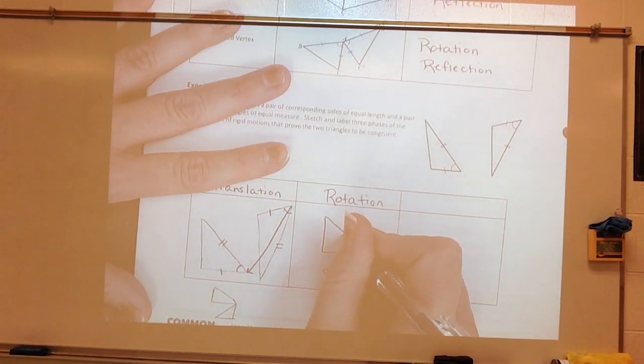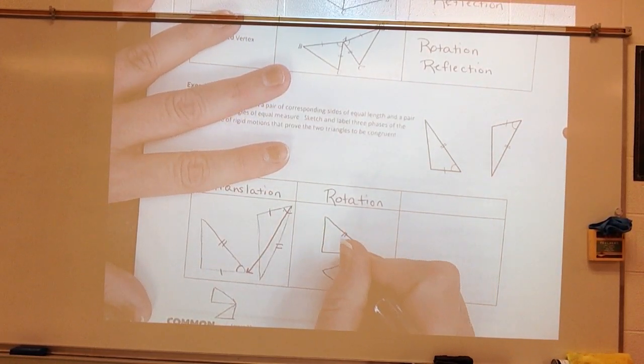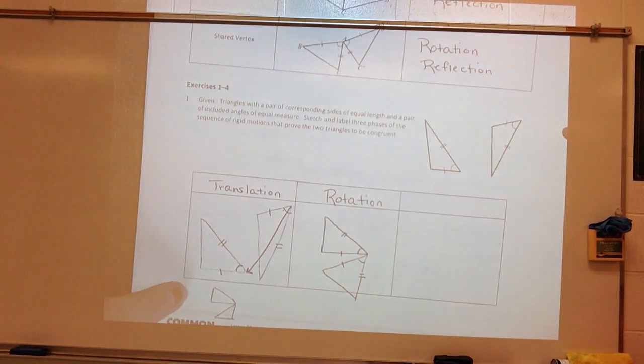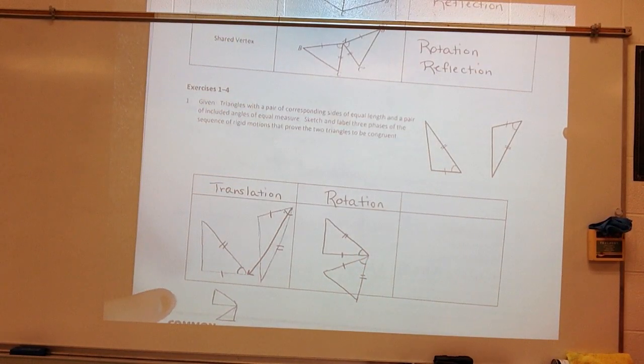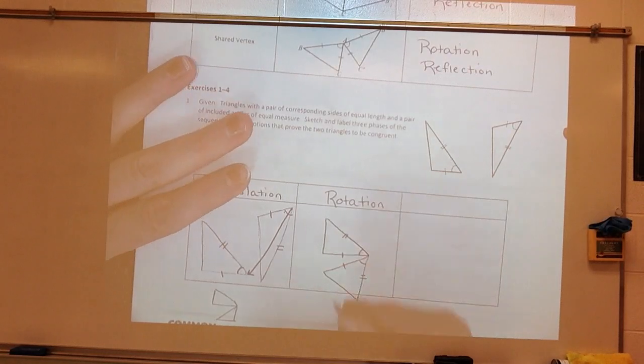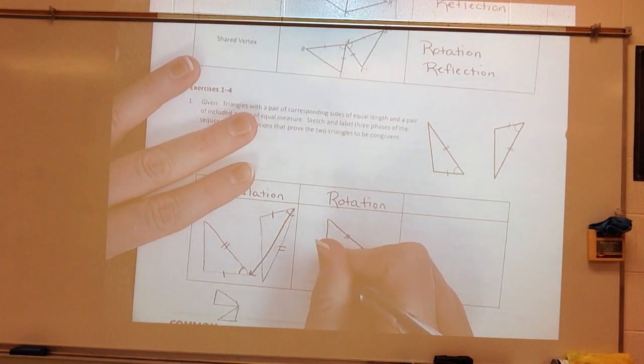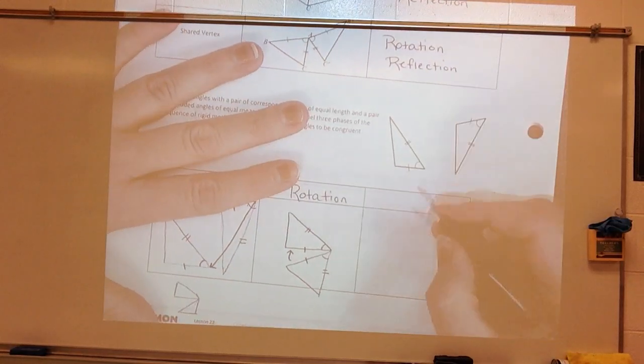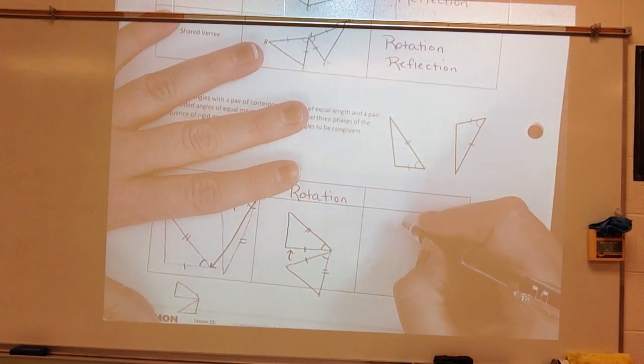I need to make sure I continue with my markings. So I need to rotate it this way. I'm going to rotate it clockwise. When I do that, my figures end up being side by side, so they're going to look like this.